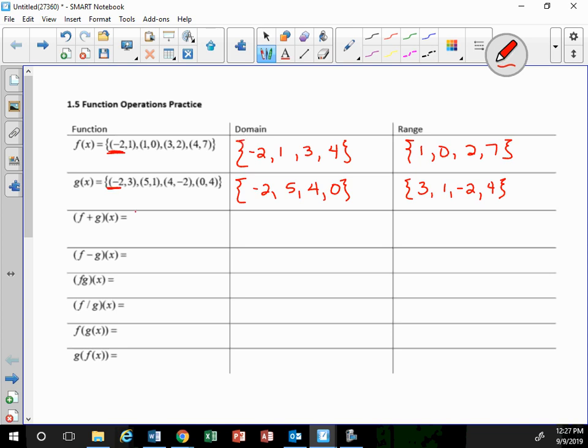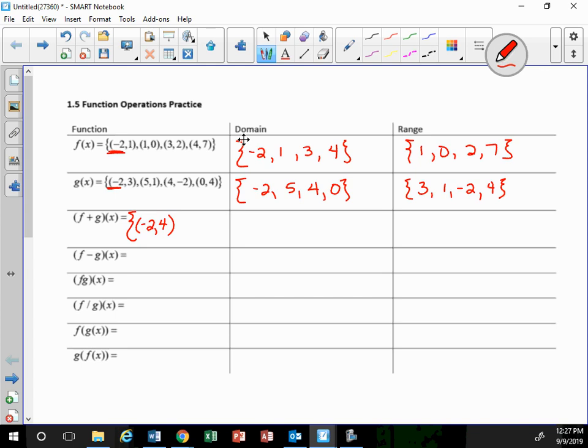So that means I'm going to have a point with an x value of -2. What do you think the y value is going to be? What is the operation that we're doing here? Addition. So what are the two y values? 1 and 3. We're adding. 1 plus 3 is 4. And that's the first point in this function operation.